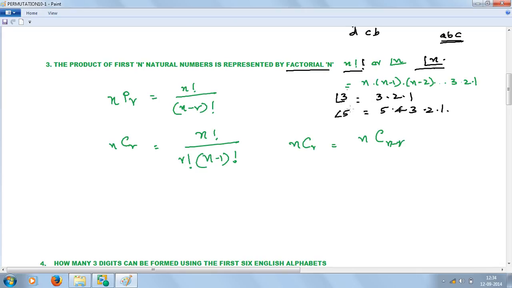So we can divide one factorial by the other. So this is the formula for permutation. How do you read this?